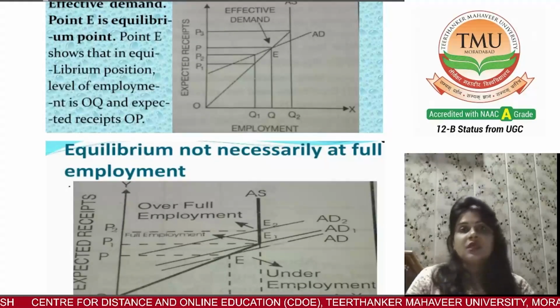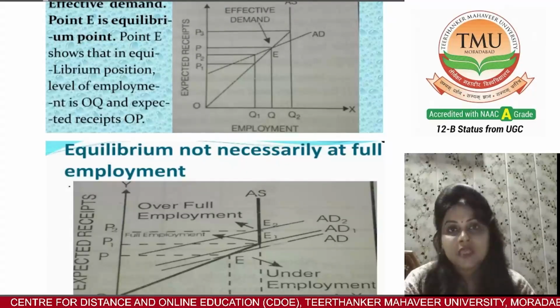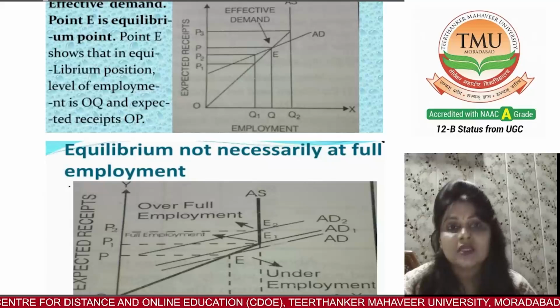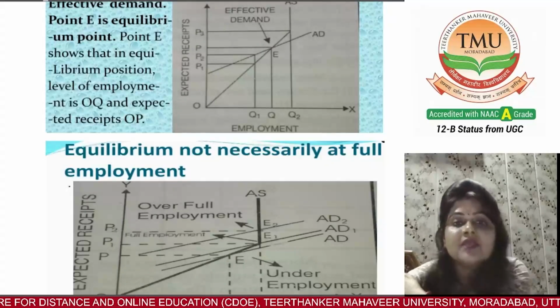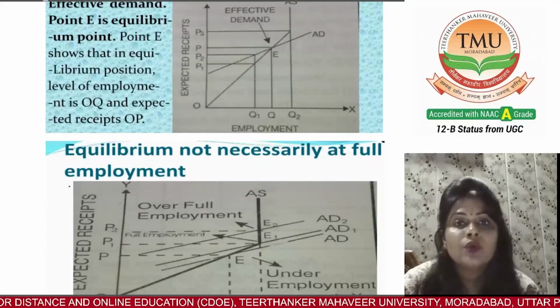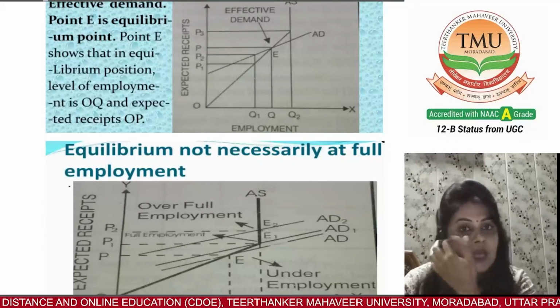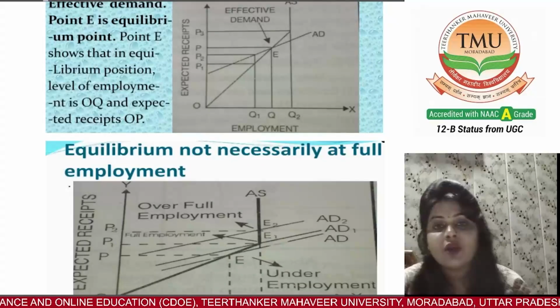You can see in this diagram that curves AD and AS intersect each other at point E, and this is effective demand, where OQ workers are employed, and at this point the entrepreneur expects maximum profit.